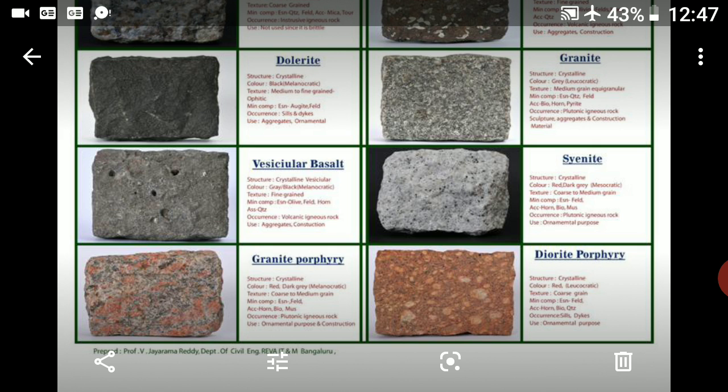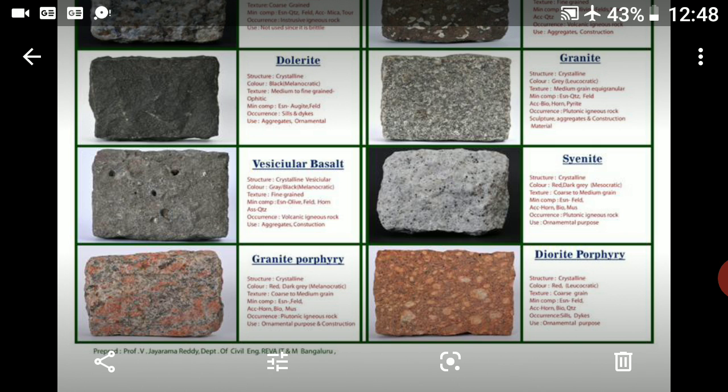This dolerite can be used for aggregates. Next is granite. Structure crystalline, color gray, texture medium grain, equigranular. Mineral composition: essential quartz and feldspar, accessory minerals biotite, hornblende and pyrite. Occurrence: plutonic igneous rock. Use: sculpture, aggregates and construction material.